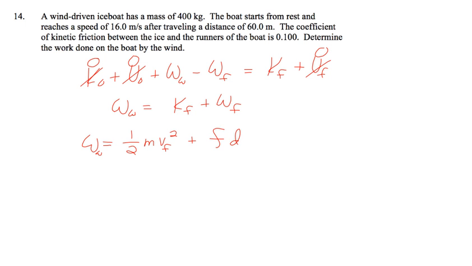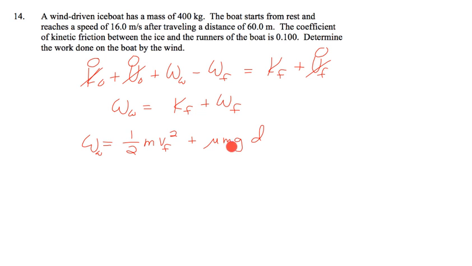I'm going to erase that because I want to write friction in terms of the coefficient of friction. Just like that problem we did yesterday with the puck, we can replace the friction with mu mg. So that second term can be written as mu mg times d.